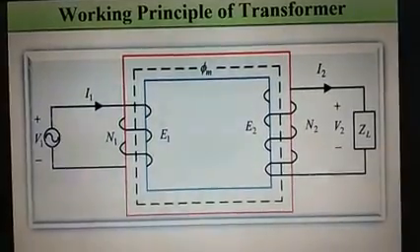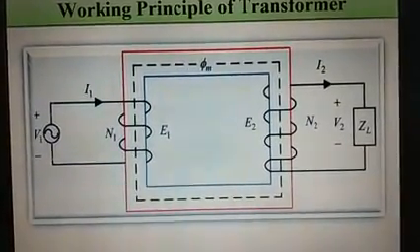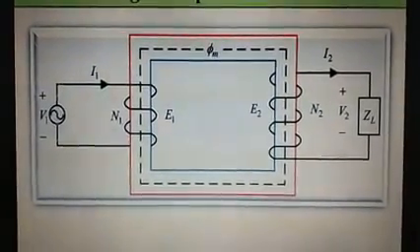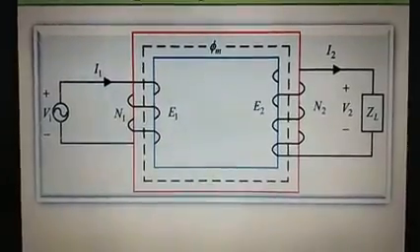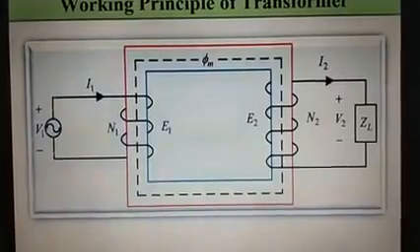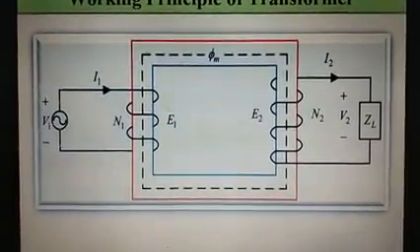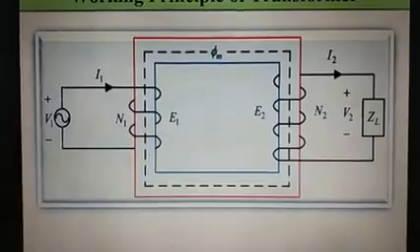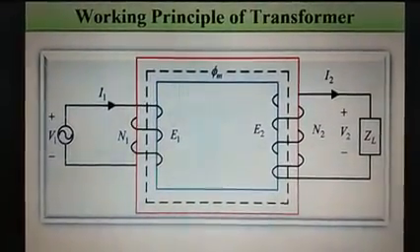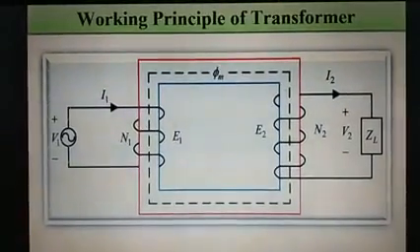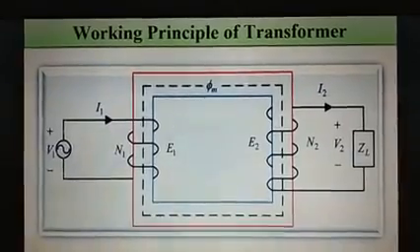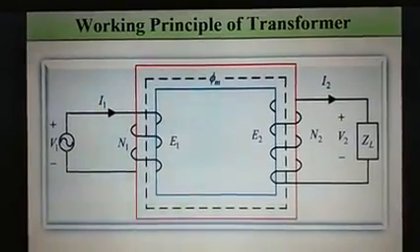This current establishes a flux phi which moves from the primary winding to the secondary winding through a low reluctance magnetic core. So in a low reluctance magnetic core, as you know, the flux can establish in a loop.